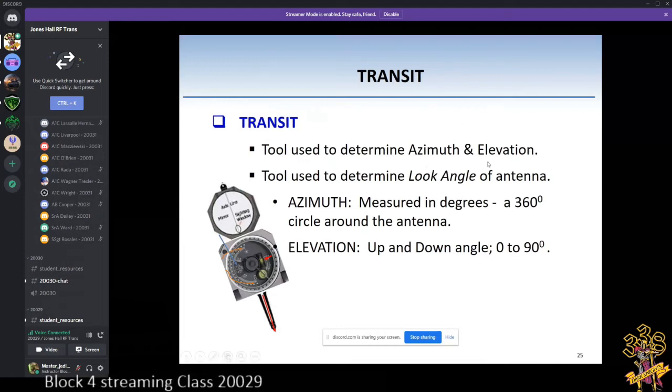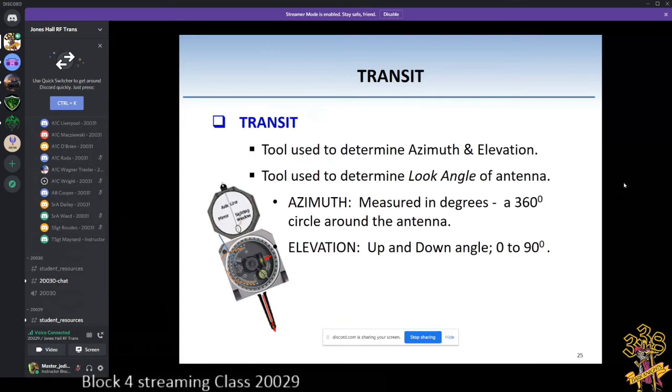It's just a tool, and we use it to determine azimuth and elevation. When you're putting up a SATCOM antenna, you're going to have to know the azimuth, what direction it needs to point, and also the elevation. Azimuth is your side-to-side angle, and elevation is its up and down angle.